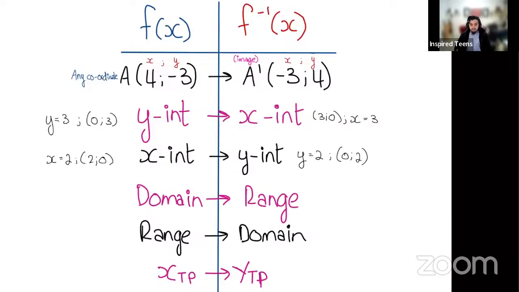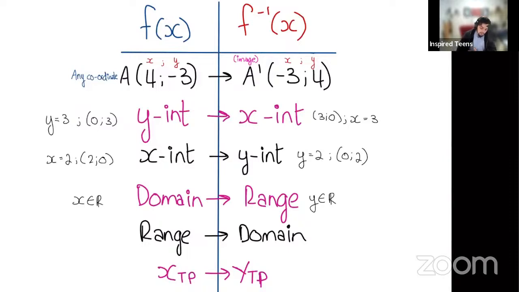Okay, then we talk about the domain becoming the range. Whatever the domain of the regular function was, the range of the inverse would be the same. Let's do an example. If the domain of the regular is x is an element of real numbers, then the range of the inverse is y is an element of real numbers.